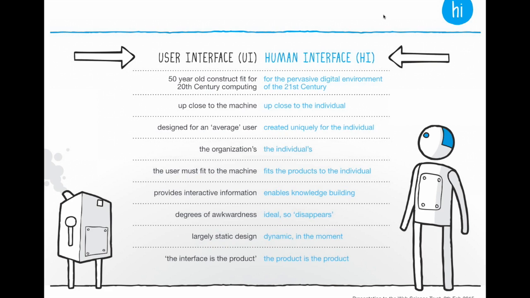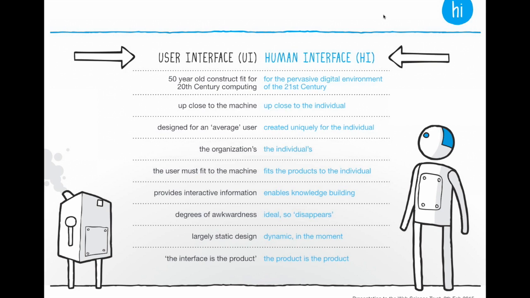So this table portrays some fundamental differences between UI and HI, and I won't read it verbatim because that'll just insult your intelligence, right? You can see it. But I will highlight just a couple. Towards the top of the bottom half, there's this one about the UI provides interactive information.